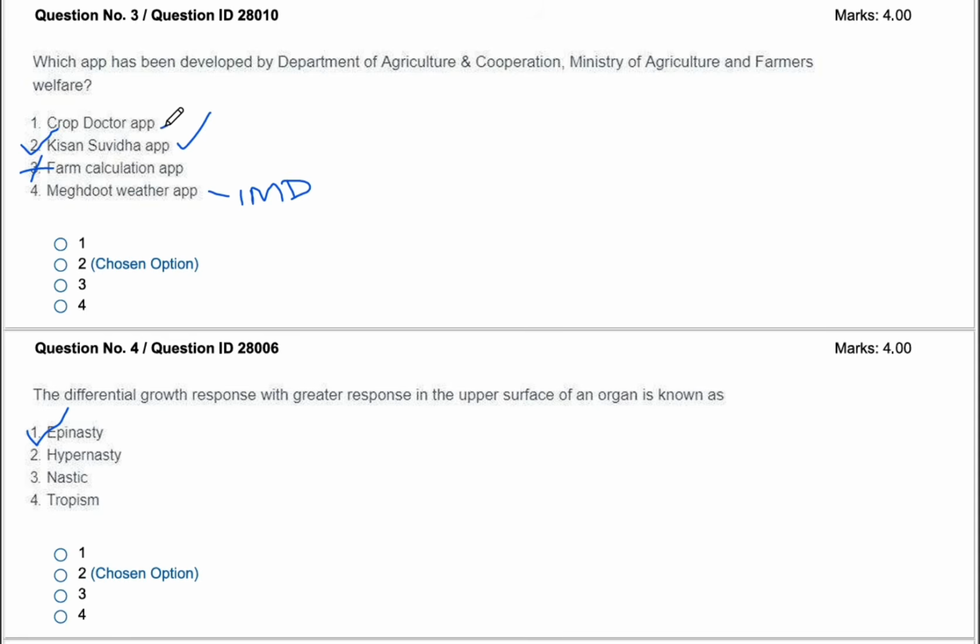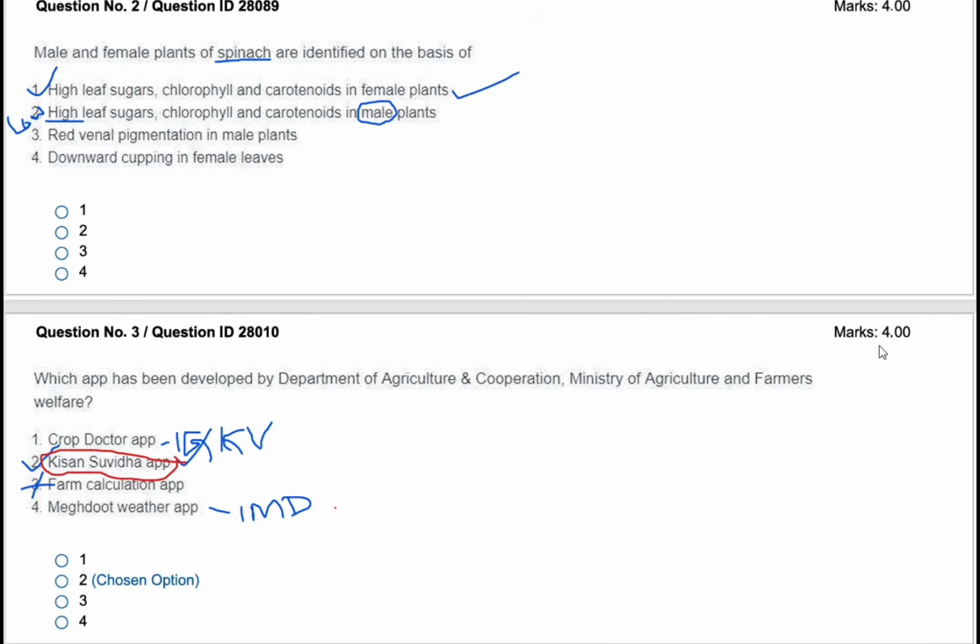Coming to Crop Doctor, it is an app primarily developed by the Indira Gandhi Krishi Vishwavidyalaya, that is IGKV, in Raipur, Chhattisgarh, in collaboration with the National Informatics Centre. So that is also not the answer, and hence the Kisan Suvidha app is the answer. That is, it is developed by the Department of Agriculture and Cooperation, Ministry of Agriculture and Farmers Welfare.